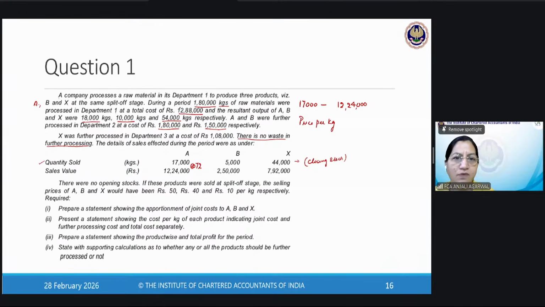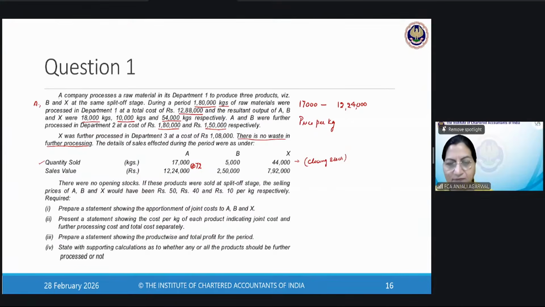If it was that 1,80,000 kgs of raw material is processed and we get 18,000 units of A, 10,000 units of B, and 54,000 units of X, then we would have called it price per unit. But here it's kgs. And that's the reason we could say that 98 kgs is lost. If this is units, we could not have said that 98 kgs is lost.